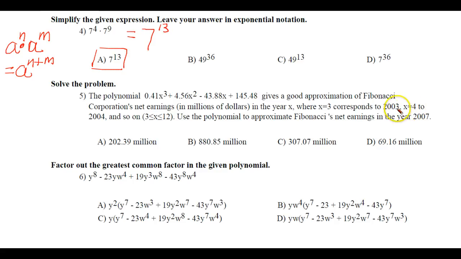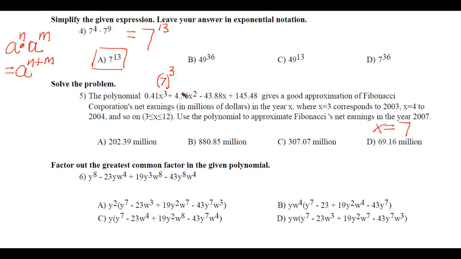X is 4, corresponds to 2004, and so on. So what will X be in 2007? X will be 7.